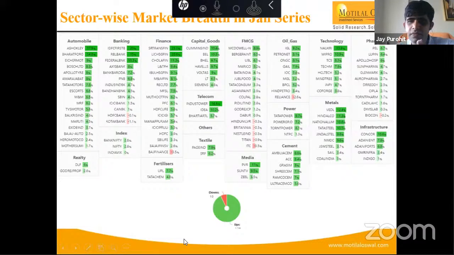So if we look at the overall derivatives stocks, the stocks in the F&O segment, only three stocks are down majorly. One is Bajaj Finance, the second is ITC, and the third is Reliance. Apart from that, all the stocks are trading in green or flattish.